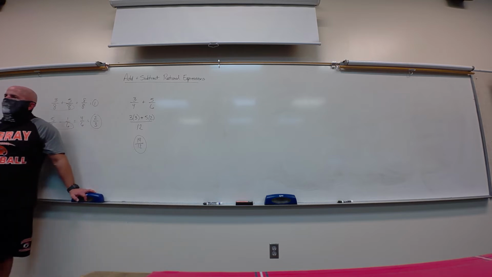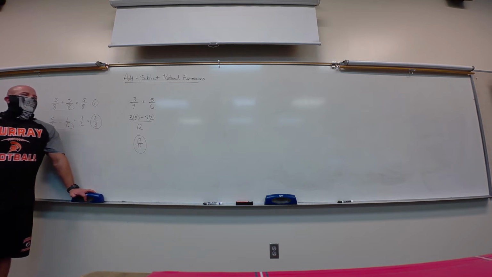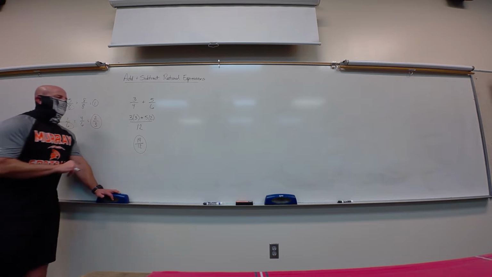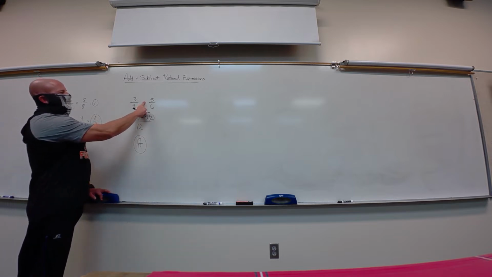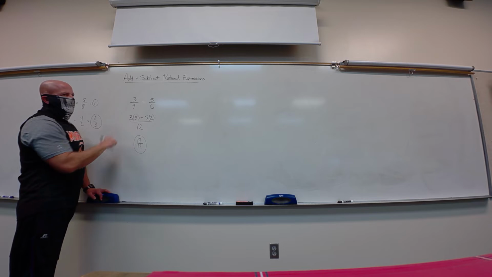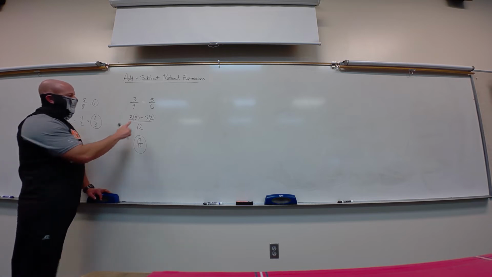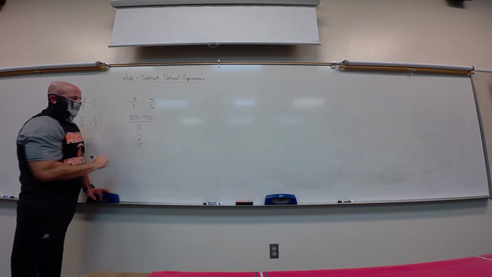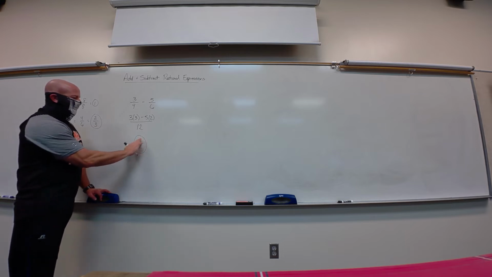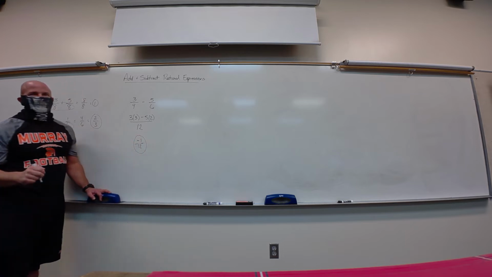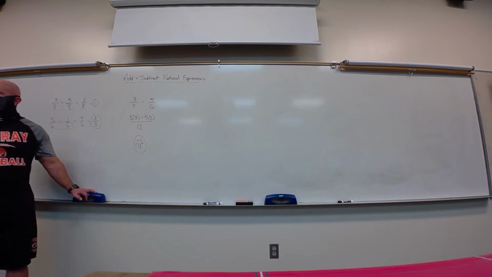So we had to get a common denominator sometimes. If I change this to subtraction, I still need a common denominator. So it'd still be this, which means we just have minus 1. I can still subtract that piece.